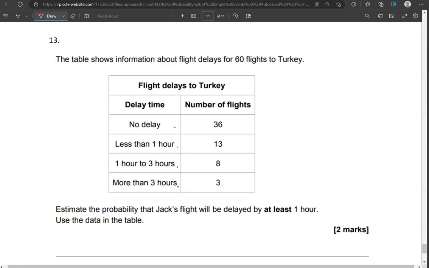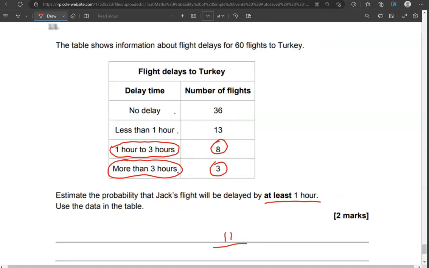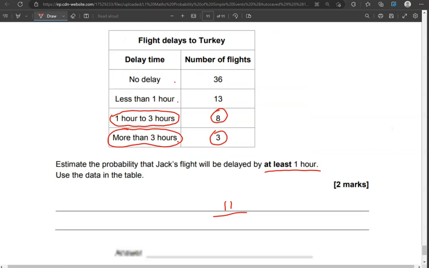We're looking for delay times that are at least 1 hour, so greater or equal to 1 hour. So that's 1 hour to 3 hours and more than 3 hours. So that's 8 and 3, which is 11, out of the total, which is 60.